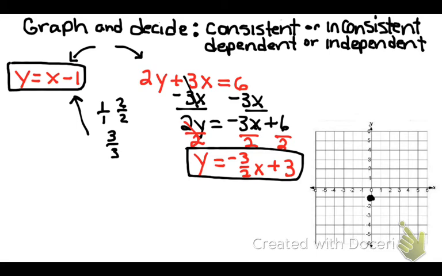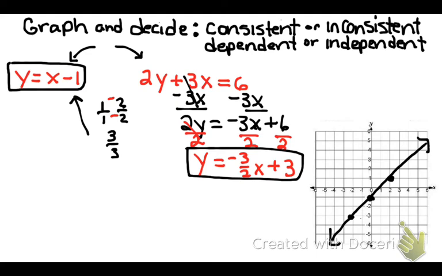So I'm going to go rise over run, up 2, over 2. And then I'm going to go down 2, to the left 2. And then I'll connect them with a straight line.